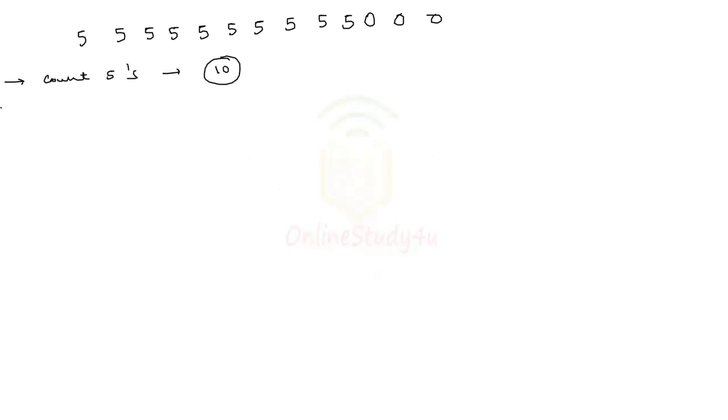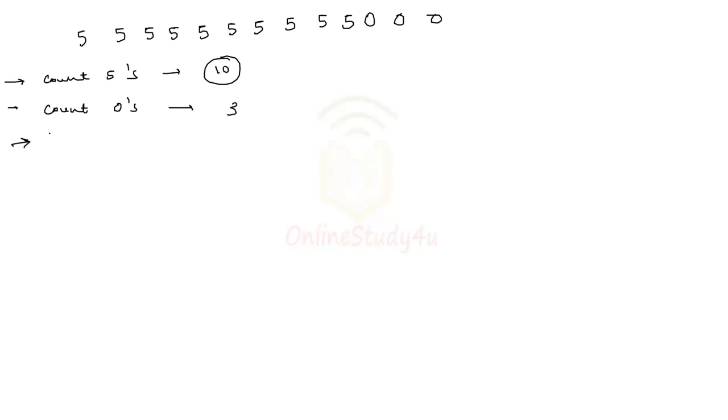What does this mean? Suppose I have 10 fives and you have 3 zeros. First you count the fives, which are 10, and you count the zeros, which are 3.